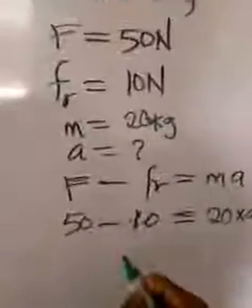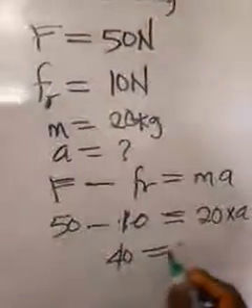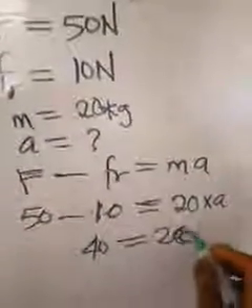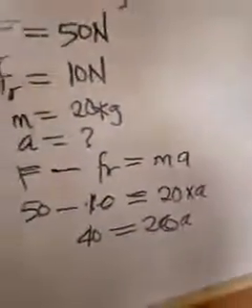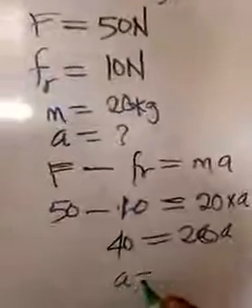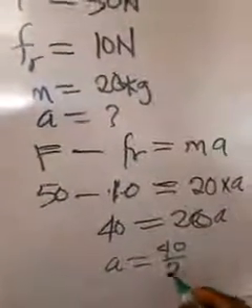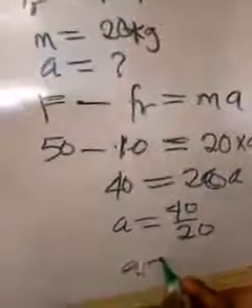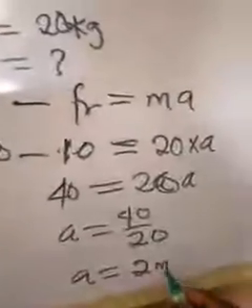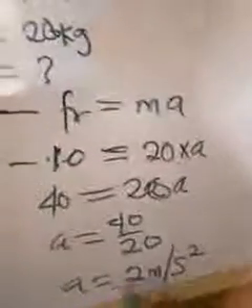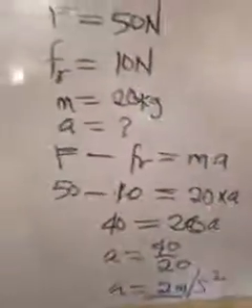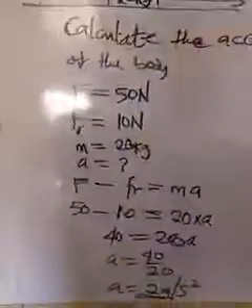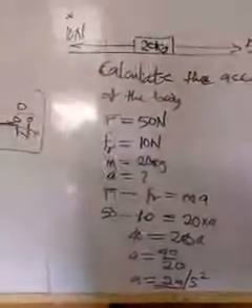So here we now have 40 equals 20a. By the time we now divide both sides by 20, we have 40 over 20. So our acceleration is equal to 2 meters per second squared. Now these are simple questions that can come up from this number 1.